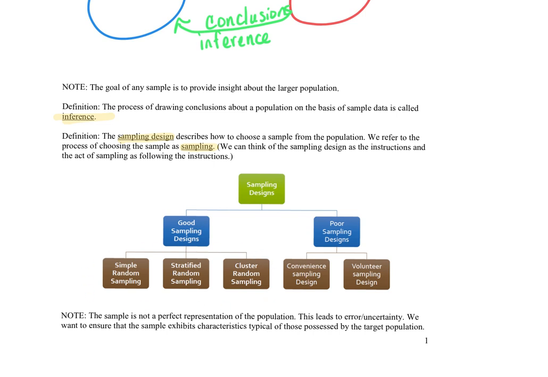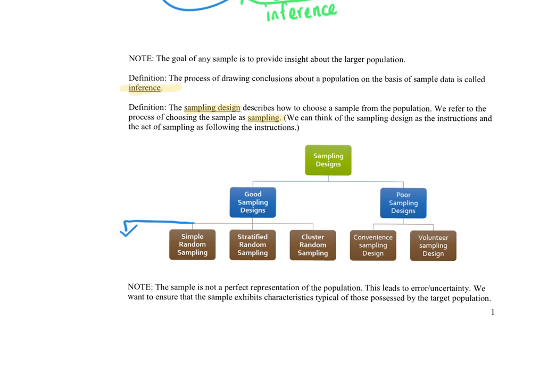Another example here that's not there that I'm going to add is systematic random sampling, so we'll add another box. These are all good sampling designs.